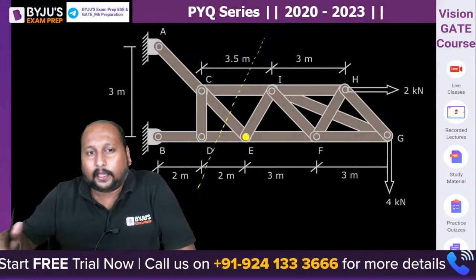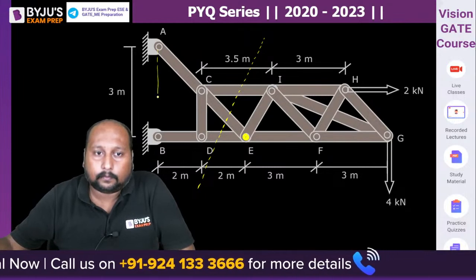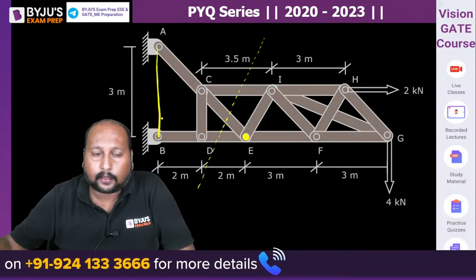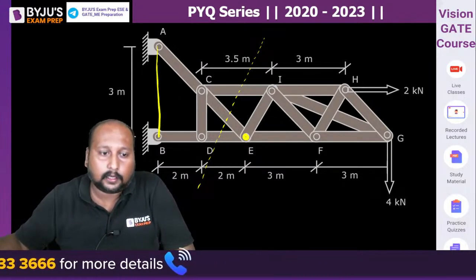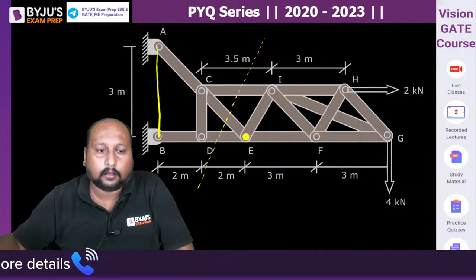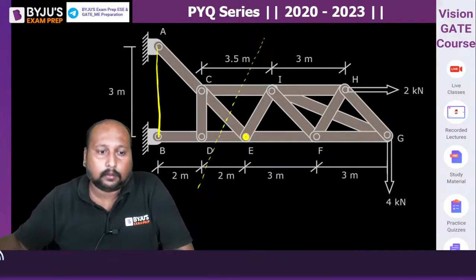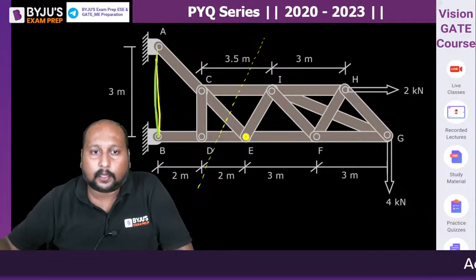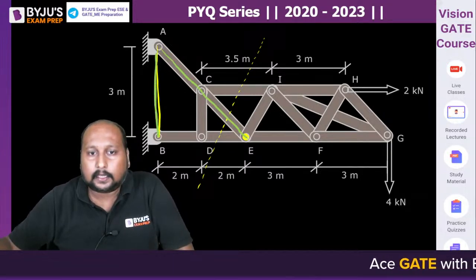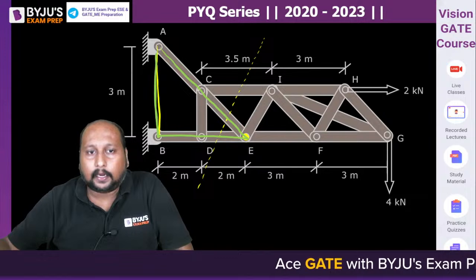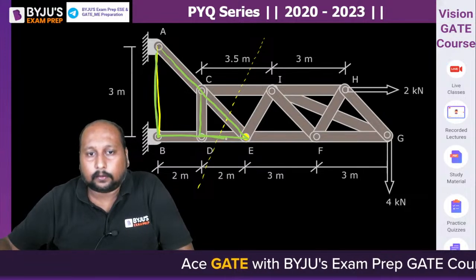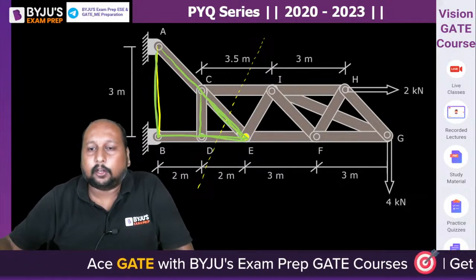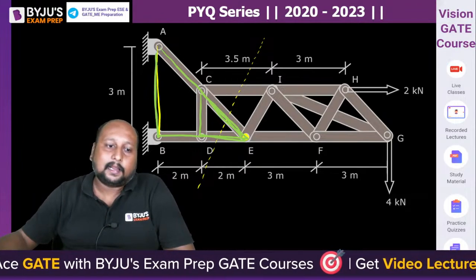If I try to take this triangle, let me use a different color. This triangle, AC and BD, and this smaller triangle. Can we calculate the height of CD by using the similar triangle concept?